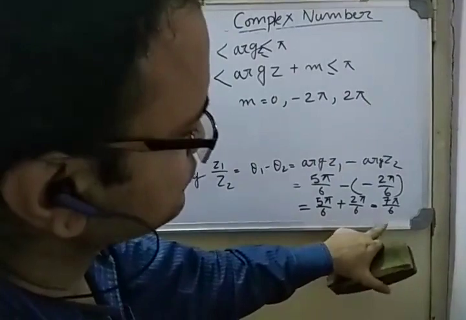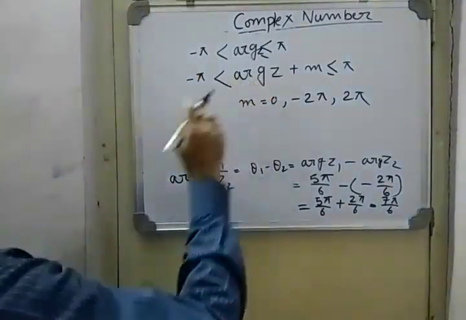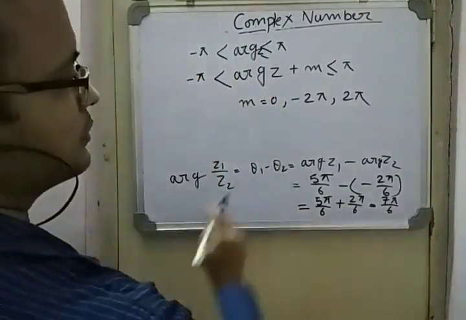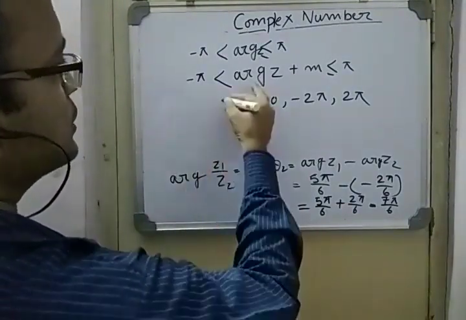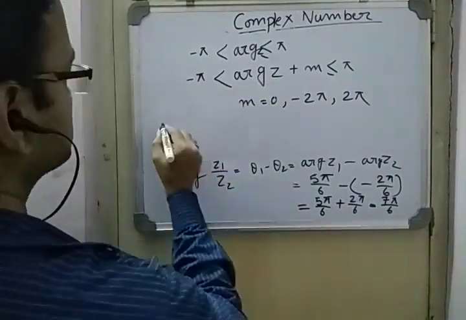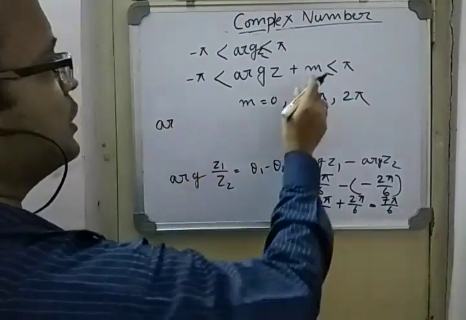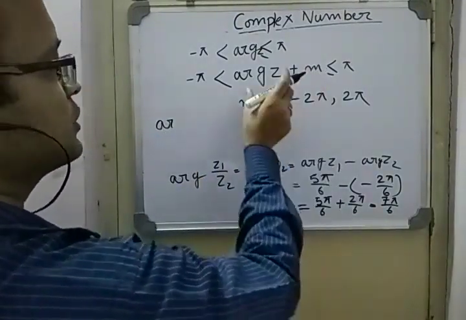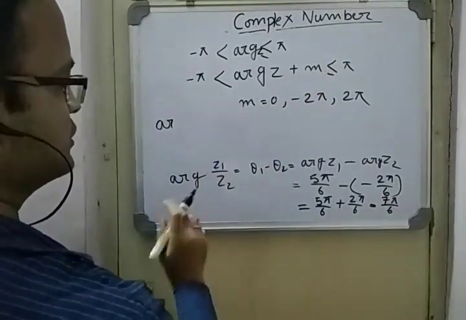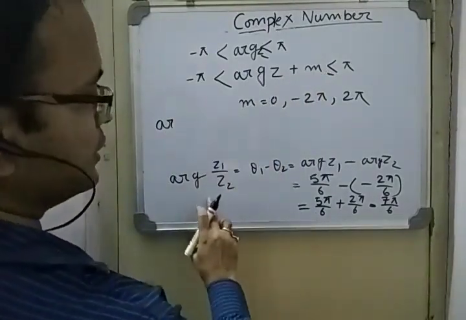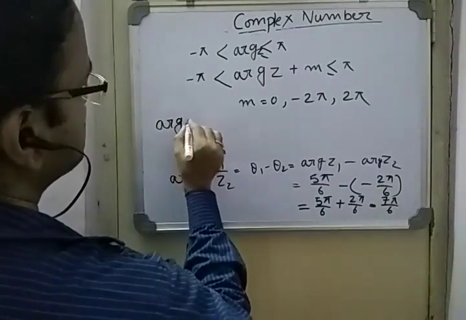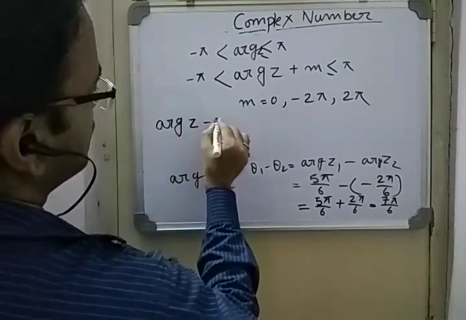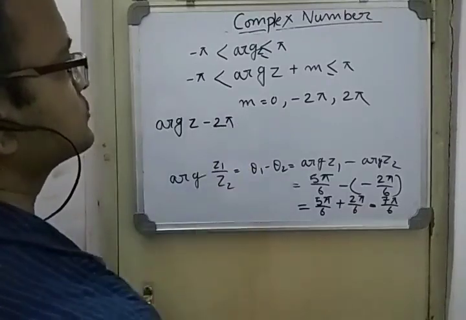Now see, if this is 7 pi by 6, so arg z is this. Normally m equal to 0 is taken, so that argument z plus m equal to arg z. When arg z is greater than pi, definitely we have to reduce it.